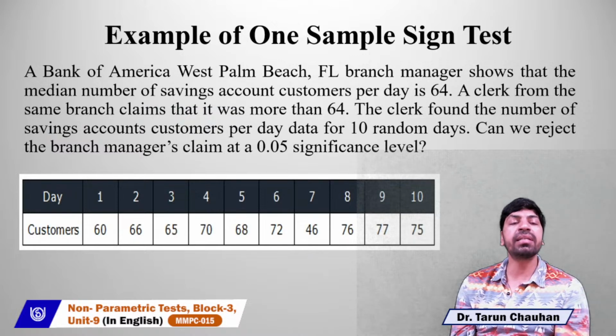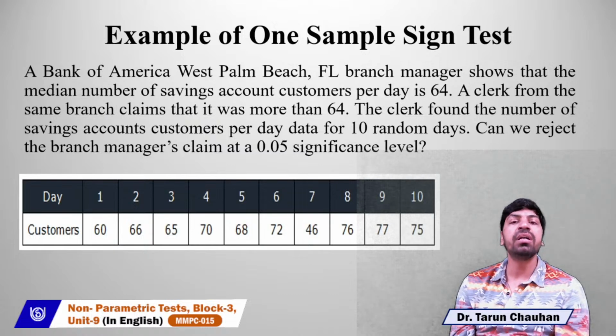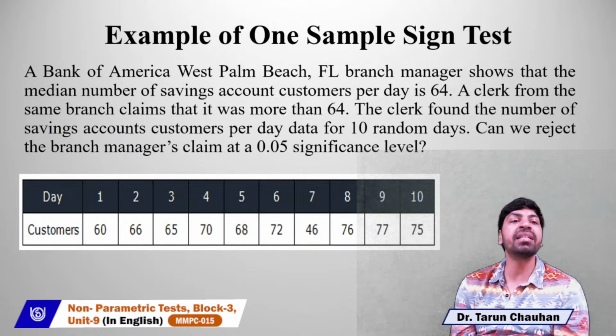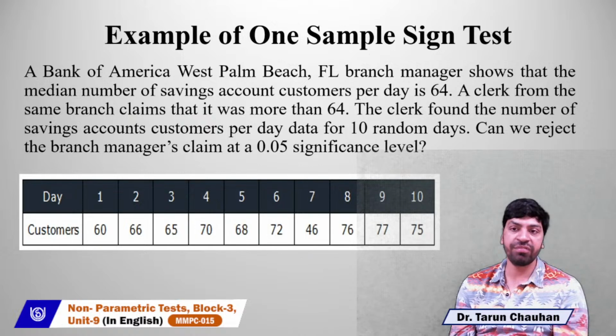Let's talk about an example of the one sample sign test. A Bank of America West Palm Beach, Florida branch manager shows that the median number of savings account customers per day is 64. A clerk from the same branch claims that it was more than 64.